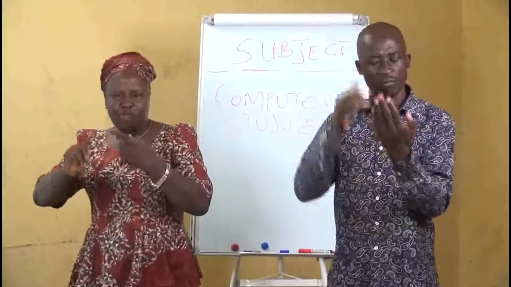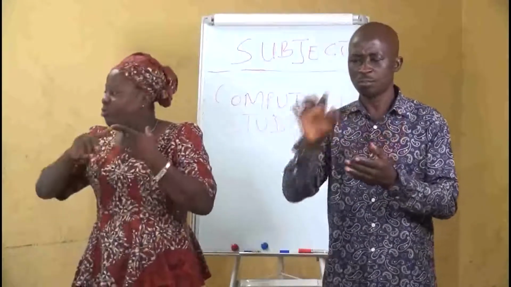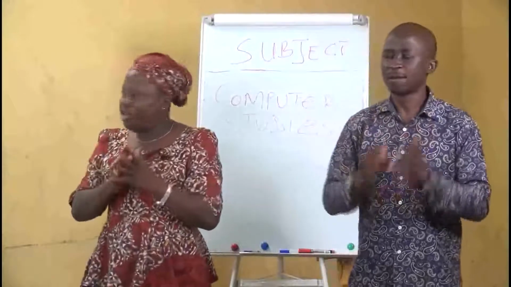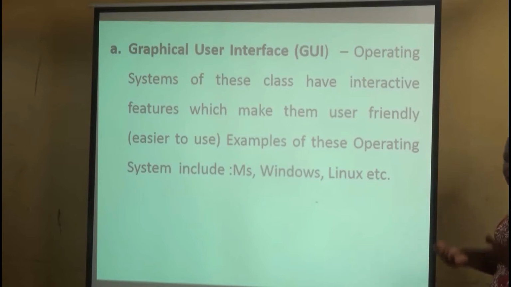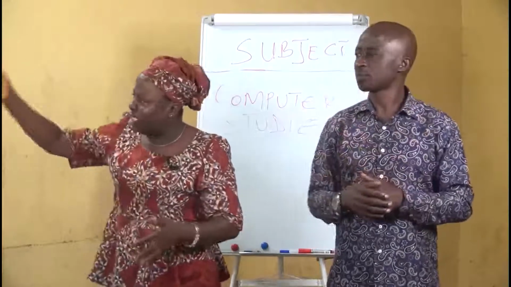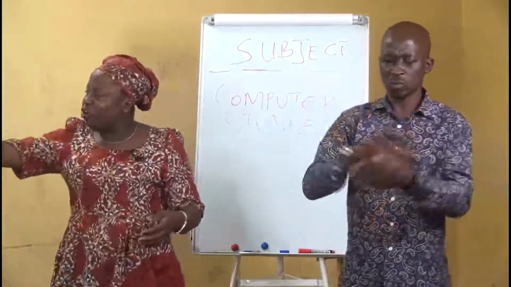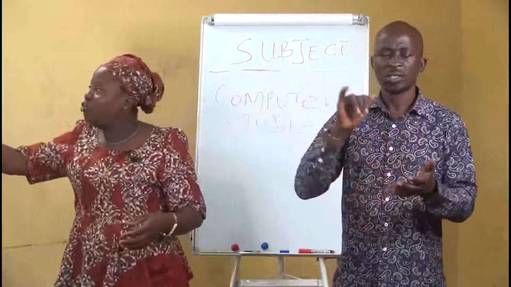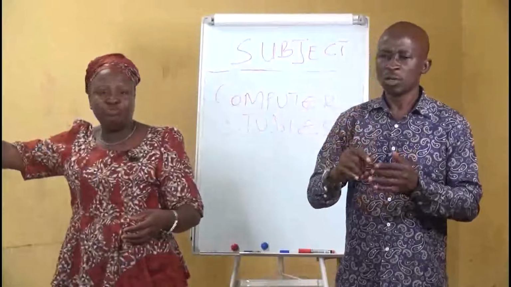So we are talking about graphical representation. And examples of this type of operating system are Microsoft Windows, Linux, etc. Now, if you look at it, it's your cursor that will be directing you. It's your cursor that will be pointing to what you really need. Truly, it's a graphical representation.